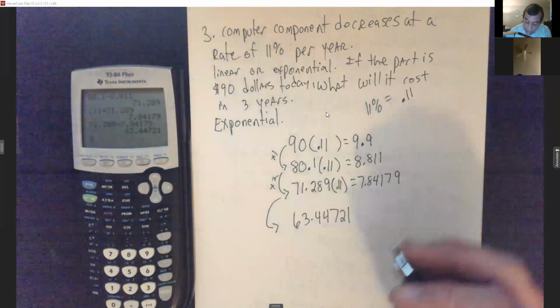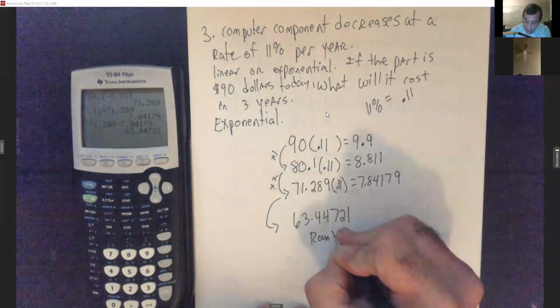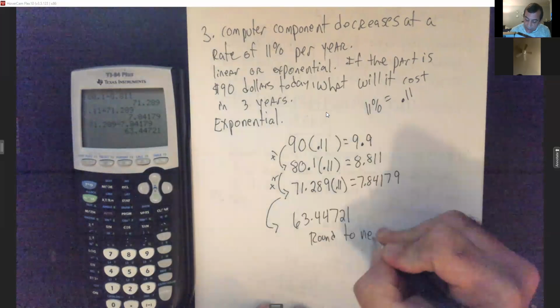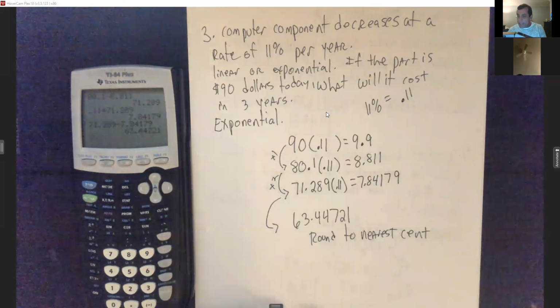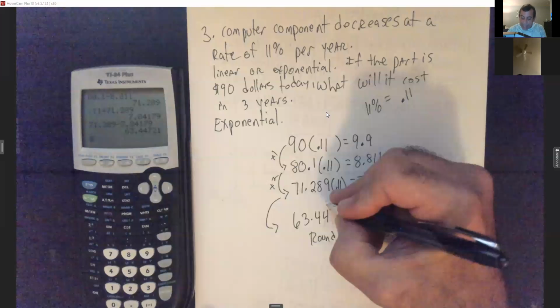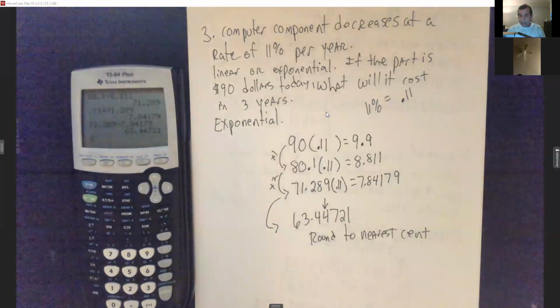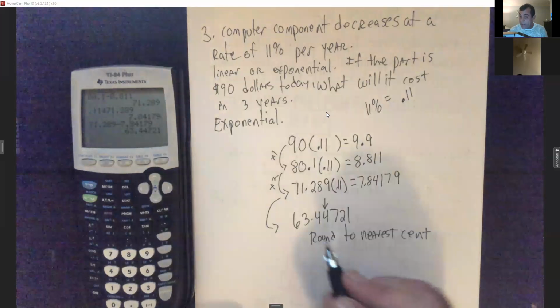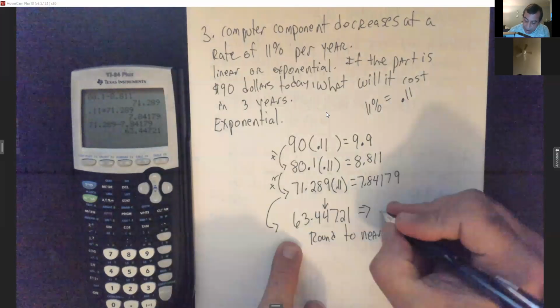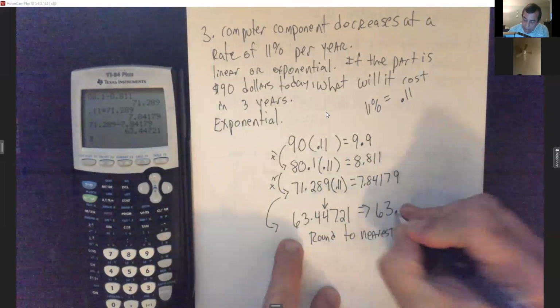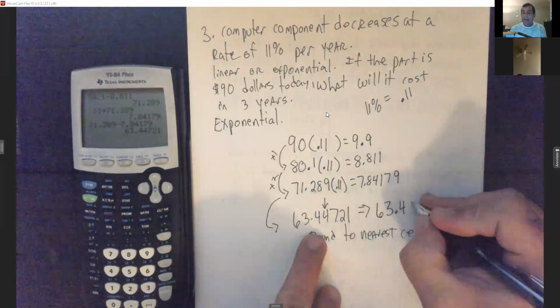This one says round to the nearest cent. So remember, cents is where the second 4 is located. So since that 4 has a 7 behind it, I'm going to make this $63.45.